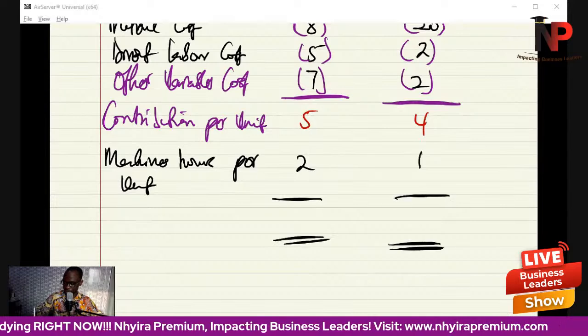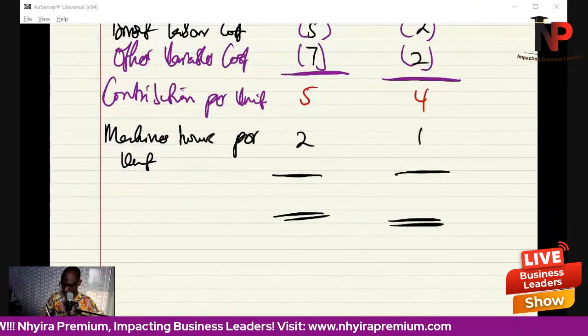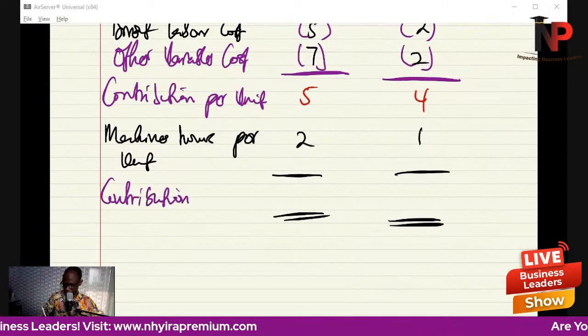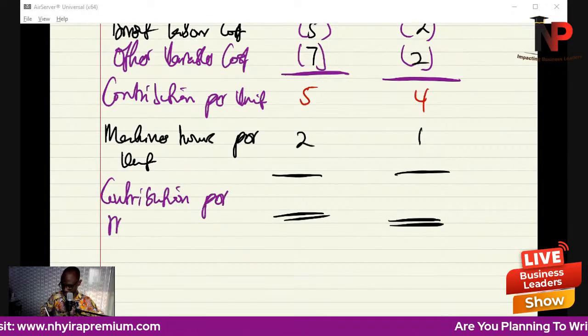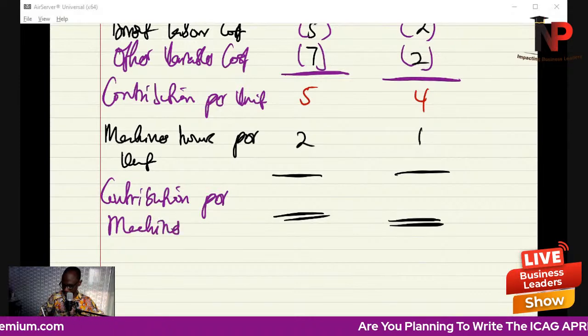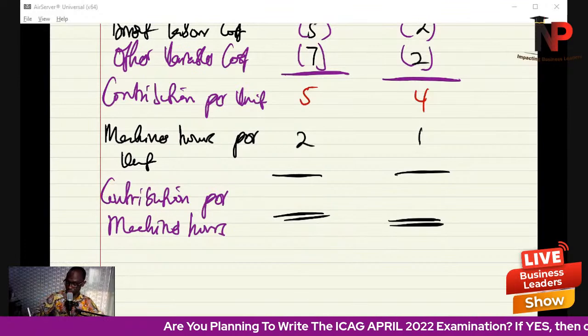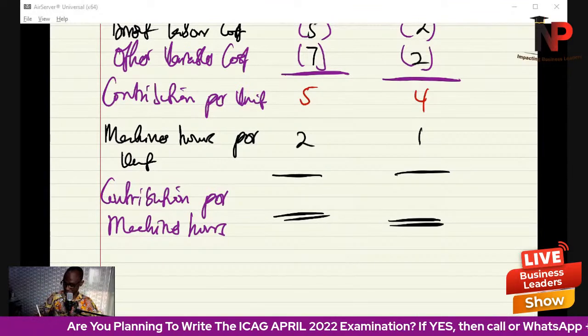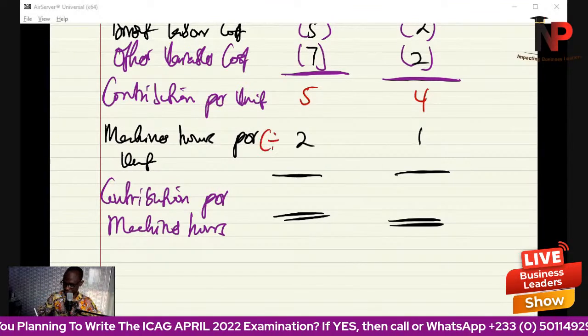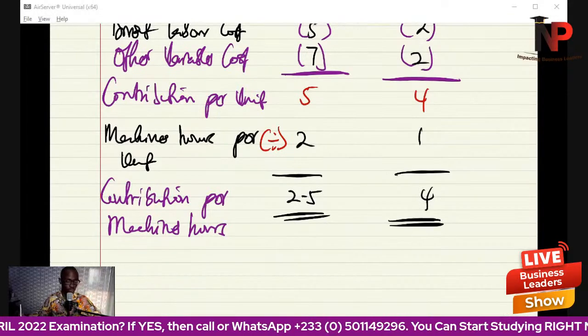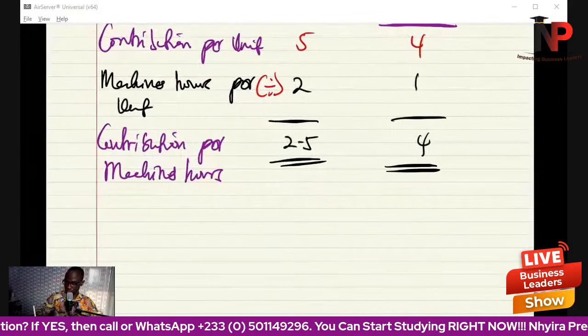So we divide up, and that gives us the contribution per limiting factor. So contribution per machine hour. You divide. Remember we said that yesterday. That's going to be 2.5 here. And that's going to be 4. Sounds good? Then we rank.